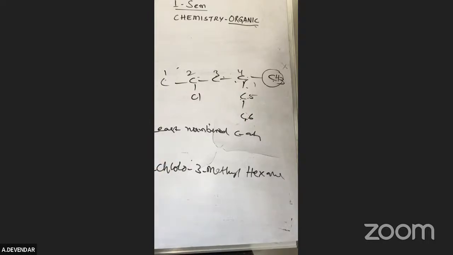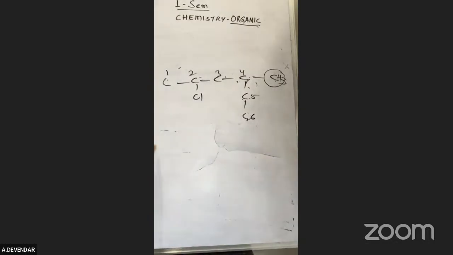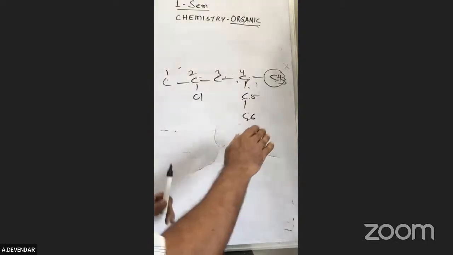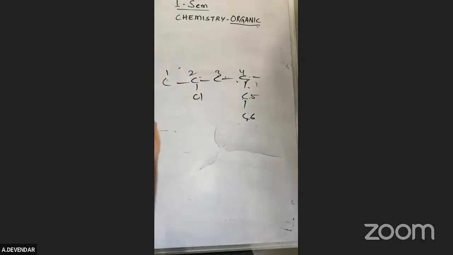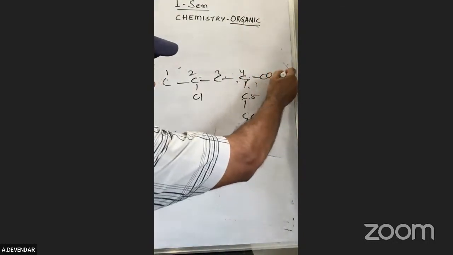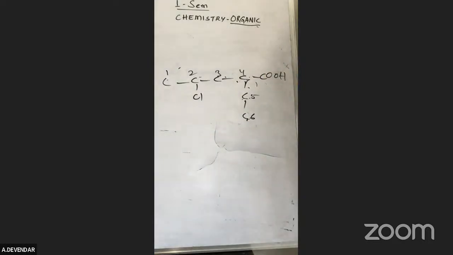Coming to the 4th rule. Suppose I take a functional group, a secondary suffix, is present. Whatever the functional group carbon is, blindly put it as the first carbon.